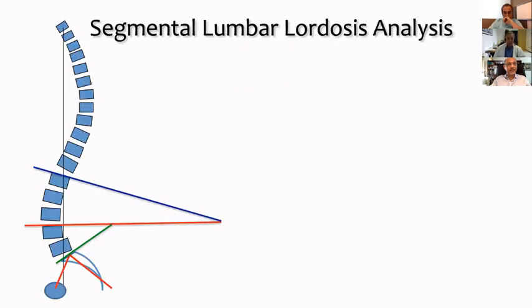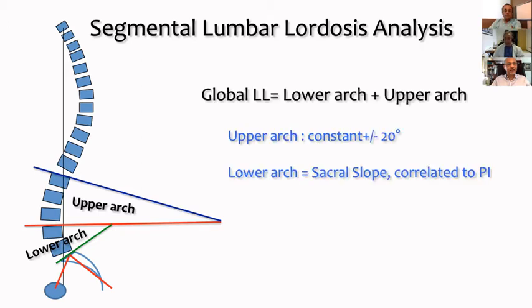So what I have been taught, and what we've been working on for years, is the local correction also in the lumbar area and the lumbosacral junction. We know today that the lumbar region has two arches, the upper and the lower arch. The upper arch is constant, and the lower arch is correlated to the pelvic incidence.